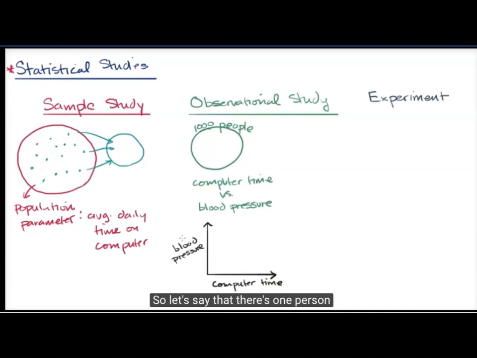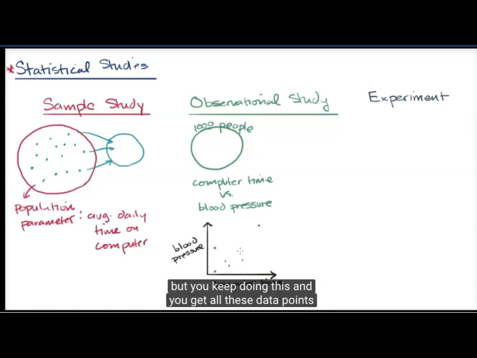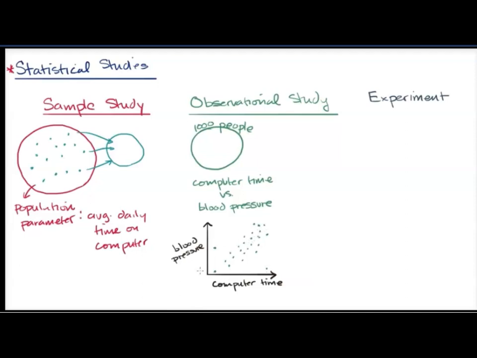Let's say there's one person who doesn't spend a lot of time on a computer and they have a relatively low blood pressure. There's another person who spends a lot of time, has high blood pressure. There could be someone who doesn't spend much time on a computer but has a reasonably high blood pressure. But you keep doing this and you get all these data points for those 1,000 people. I'm not going to sit here and draw 1,000 points, but you see something like this.